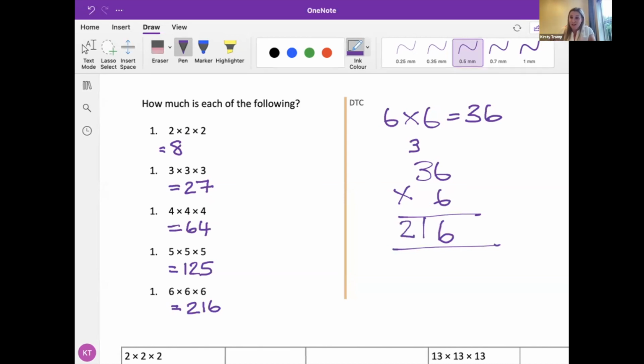Okay, I see I've still got a hand up. Nosipo, have you got a question for me? Nosipo Dlamini, have you got a question for me? What's up? Yes. Ma'am, I was asking, you see the 2 times 2 times 2, should we write it out to the power or?